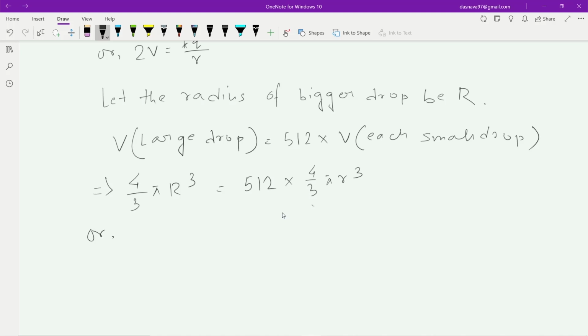Or you can say that capital R cube equals 512 into small r cube, or R equals cube root of 512 small r equals 8 small r.